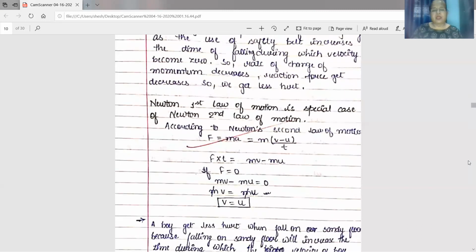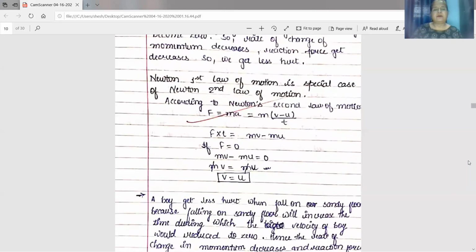Now, one more derivation you will get from here. Newton's first law of motion is a special case of Newton's second law of motion. So you will start from Newton's second law of motion. According to Newton's second law of motion, F equals ma. But a is equal to (v minus u) by t.